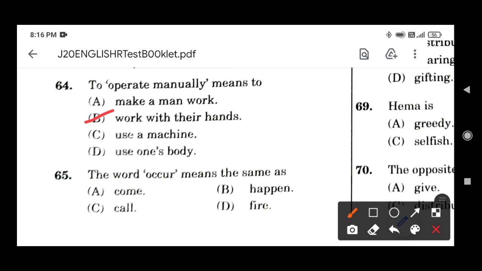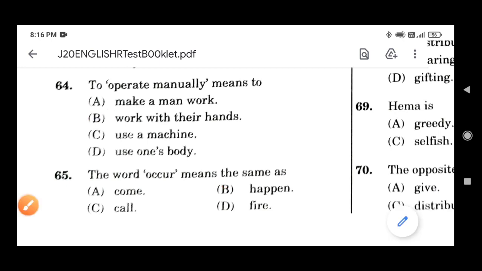A option, come. B option, happen. C option, call. D option, fire. So the option is B, happen. Occur means happen. So this is the first passage we practiced so far.